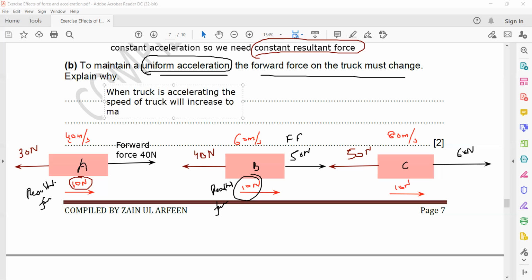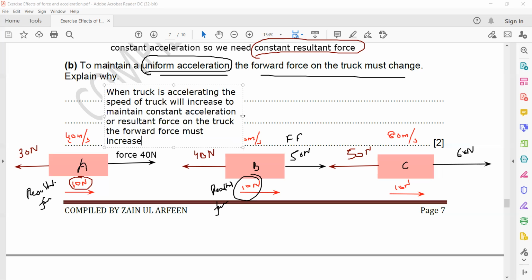To maintain a constant acceleration, the resultant force on the truck must be constant. The forward force must increase. Is it clear?